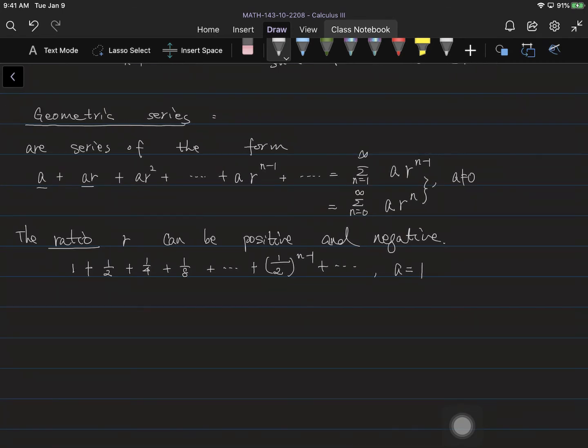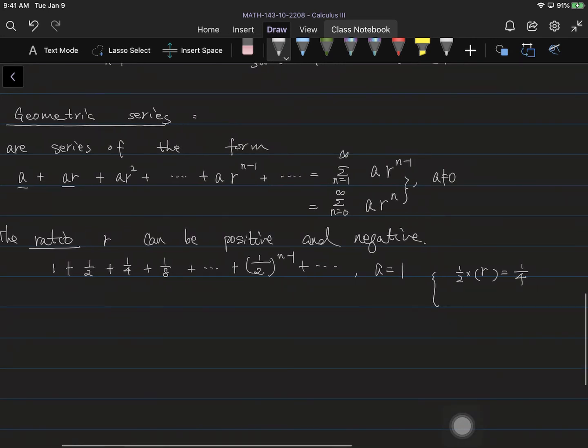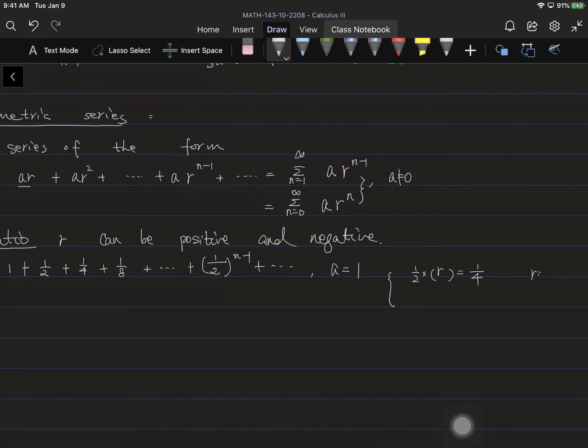And for the ratio, how do you look at the ratio? There are two ways to find the ratio. The first way, you can look: 1/2 times what will be 1/4? R equals 1/2, right? The other way, we use the next term divided by the previous term.